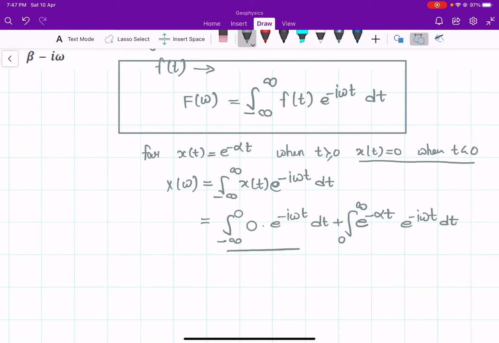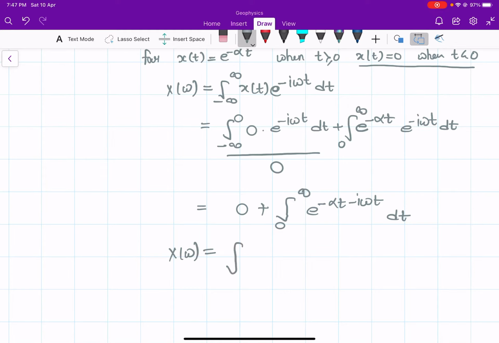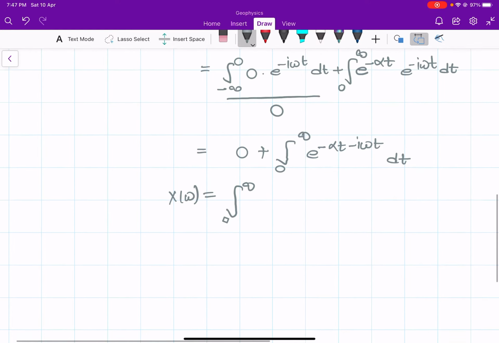So the first value will be 0. So you will get 0 plus the integral from 0 to infinity of e^(-αt - iωt) dt. So X(ω) will be the integral from 0 to infinity of e^(-(α + iω)t), by taking t and minus common, dt.